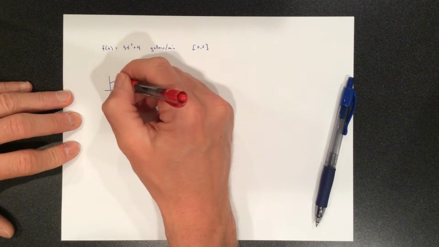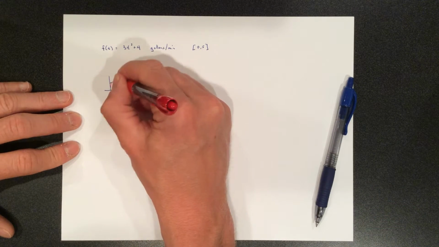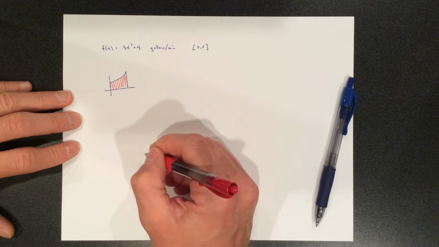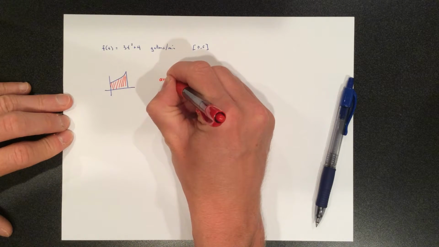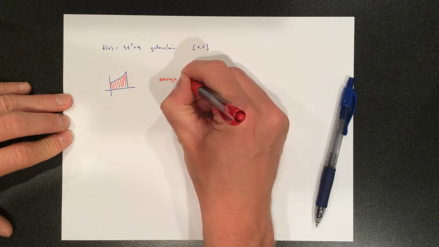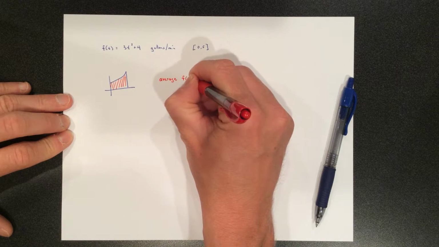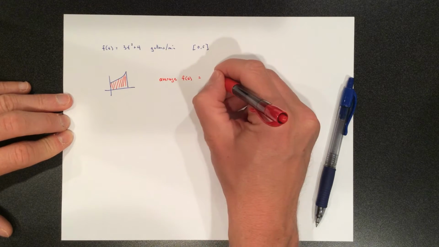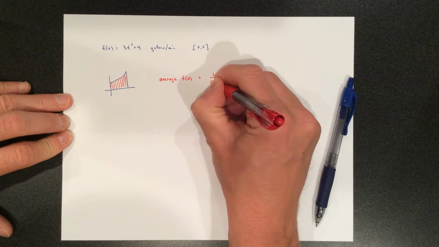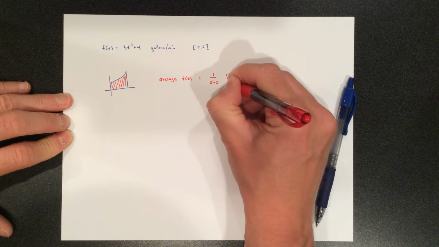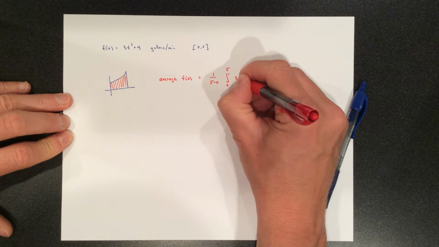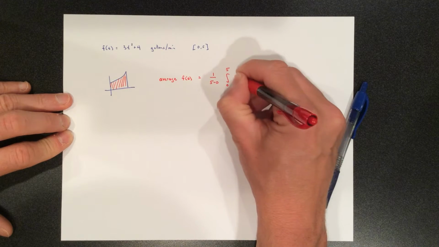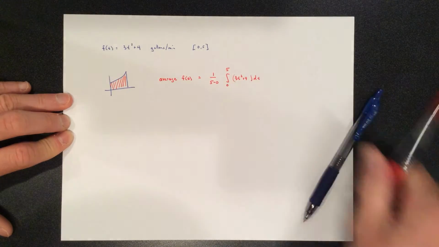Okay, and what would happen? Well, the average value formula says to take the integral, and we know that's the area, and then divide by the width, right? The average value of that function is 1 over b minus a, integral from a to b of the function, 3t squared plus 4 over time.